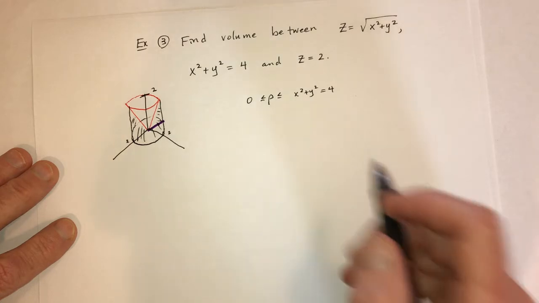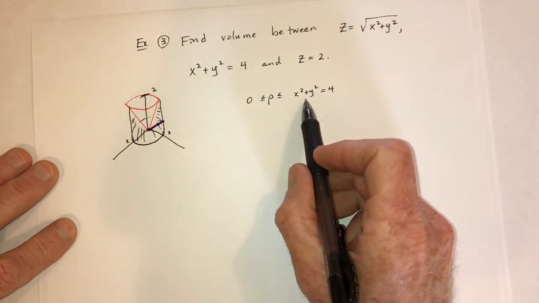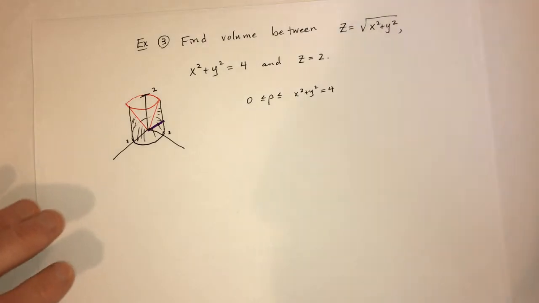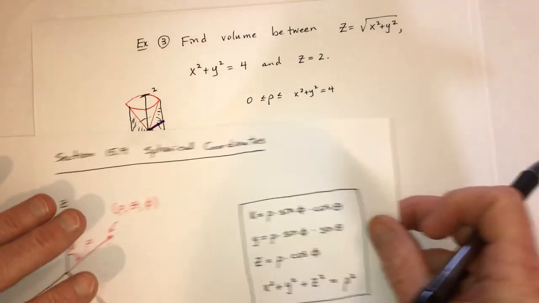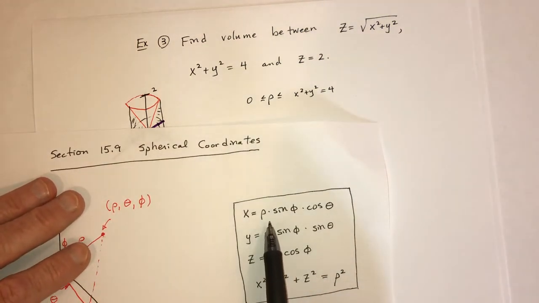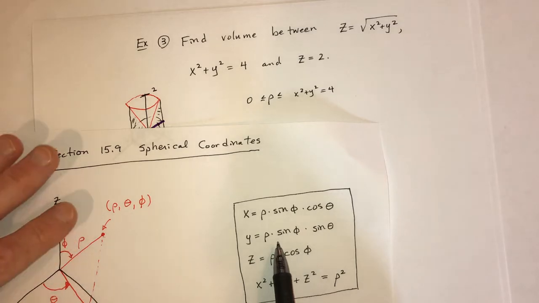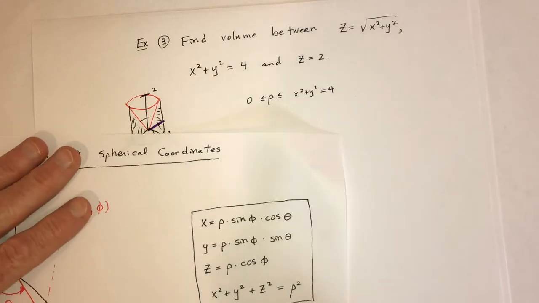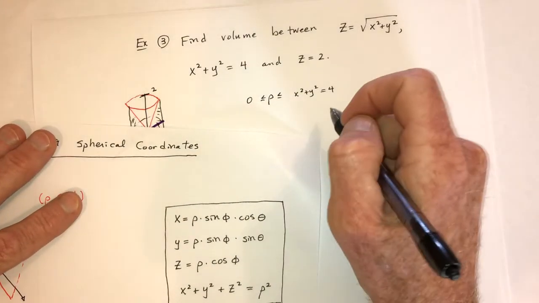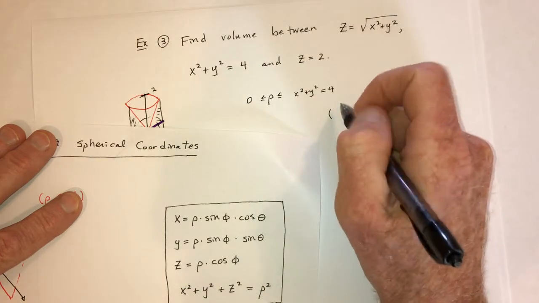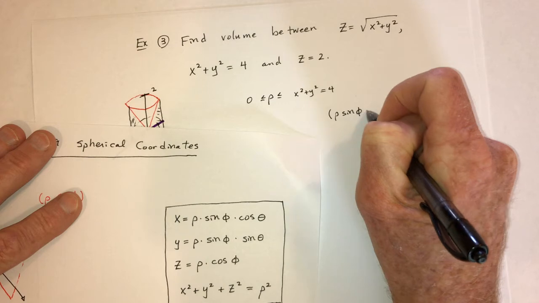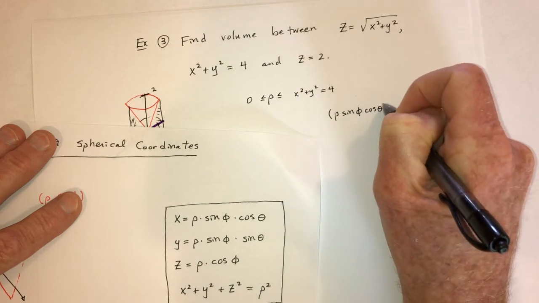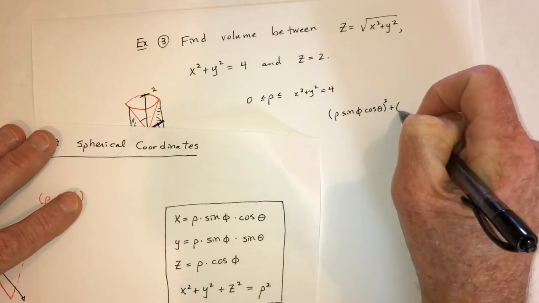And what is this? So then we need to substitute what does x equal and what does y equal. So x squared means rho sine of phi cosine of theta gets squared.